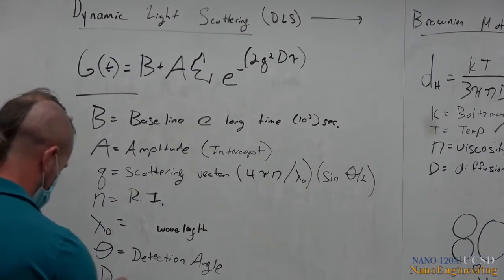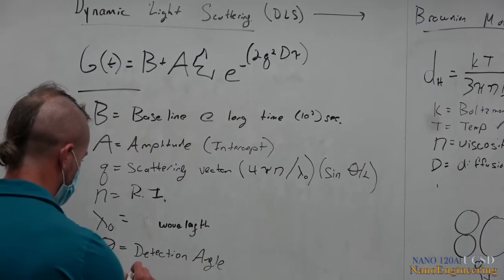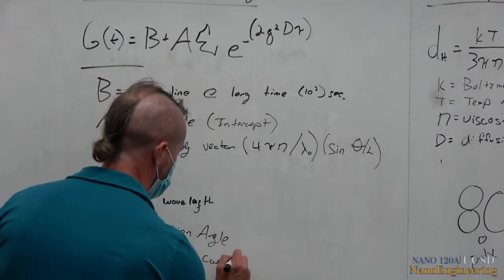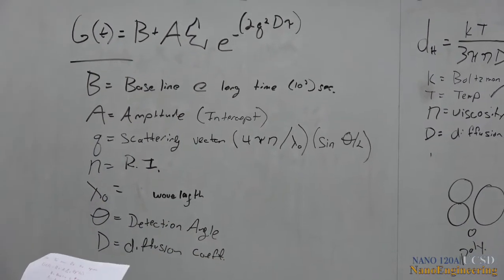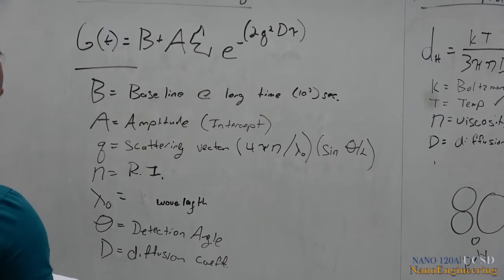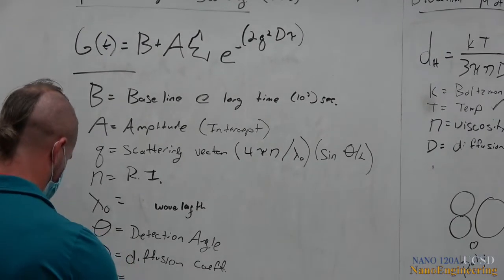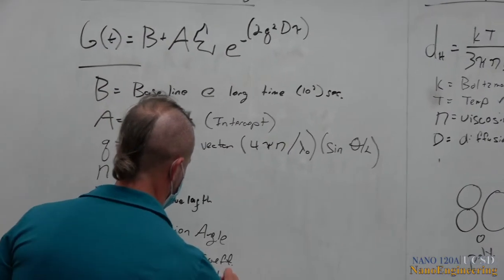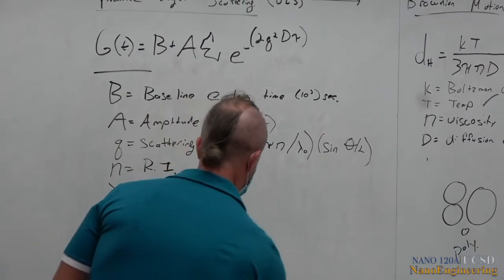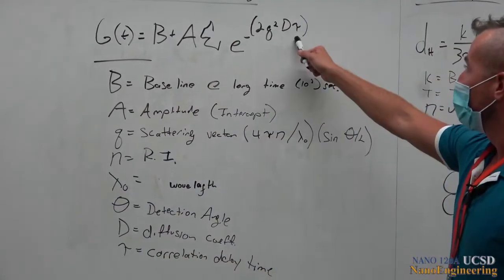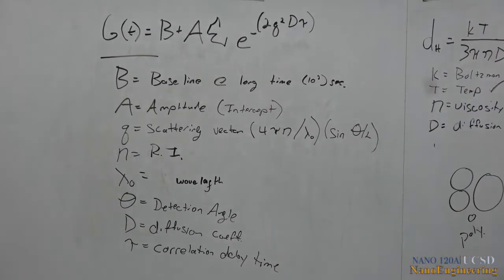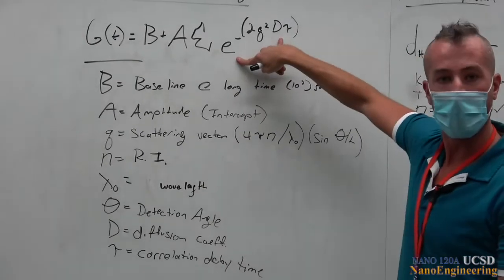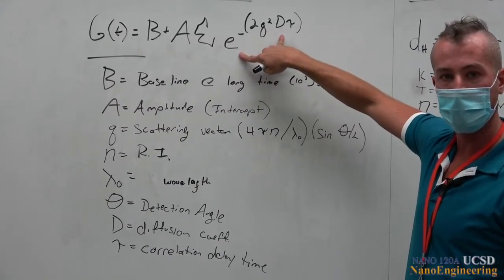And then finally, I get to D, which is my diffusion coefficient. This is my correlation delay time. Where am I on here? And that's why this is the summation of all of these different events. Okay?